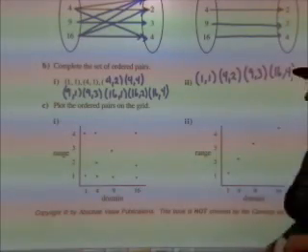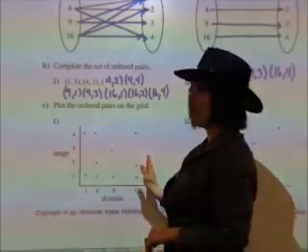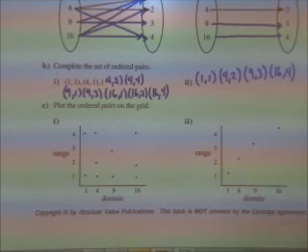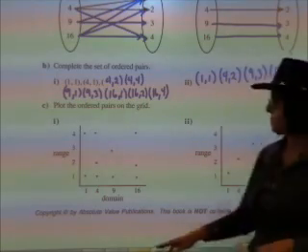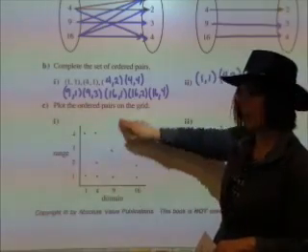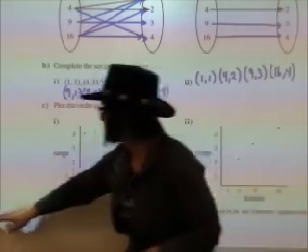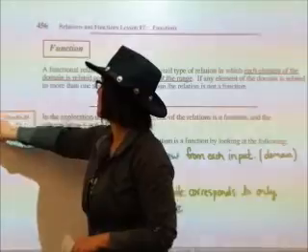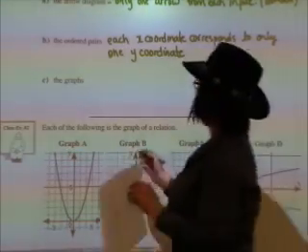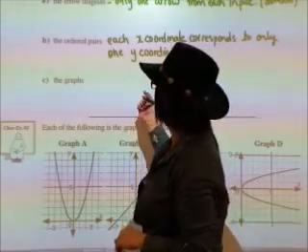Look at the graphs. If I look at the graphs, how can I tell the difference between no function and function? Yeah, if I have more than one point going up from the x-axis. Okay? So, how can I tell if it's a function?